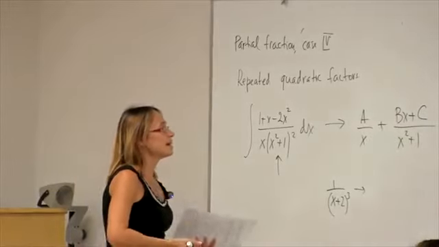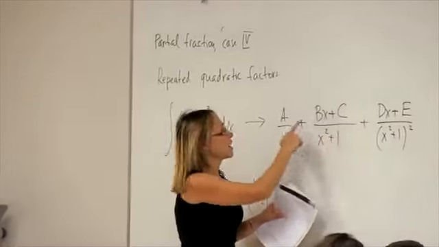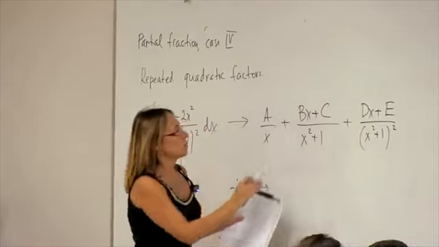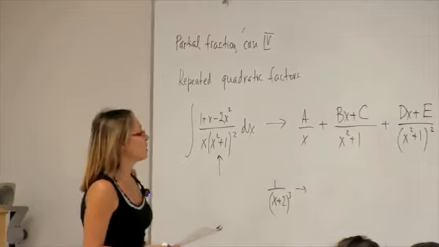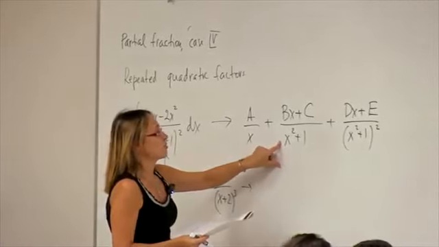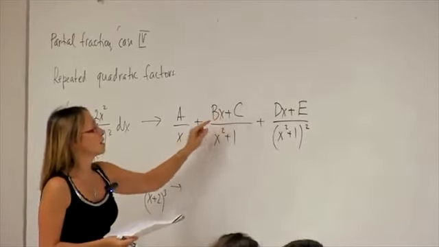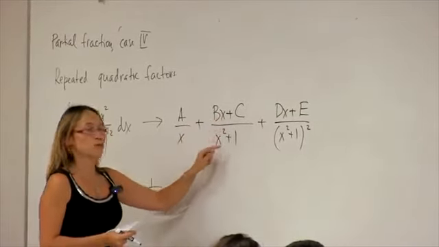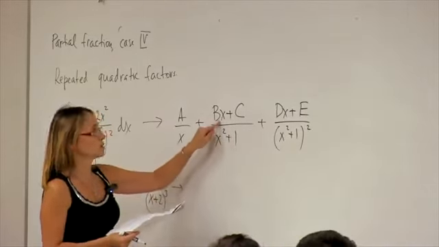What is slightly new here is that when we finally calculate the coefficients a, b, c, d, e, what kind of integrals are we going to have to evaluate? This one is easy, right? That's a log. This one is also easy because the first one I can do by the method of substitution. So the u would be x squared plus 1, and this is the derivative of u.